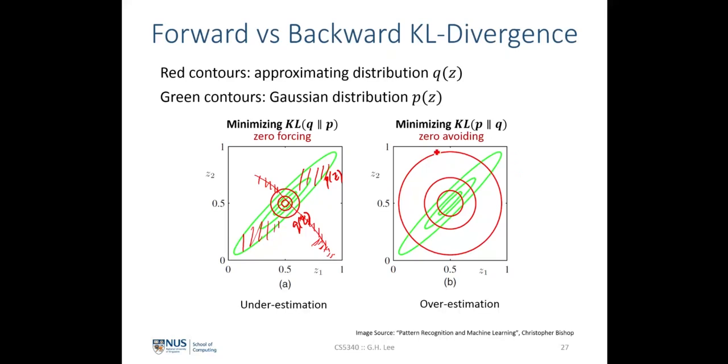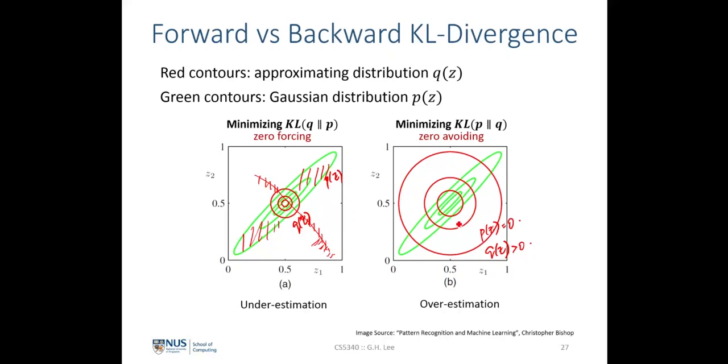But in the case where it's zero avoiding, this means that we are reversing P and Q. Since it's zero avoiding, we want to make sure that Q takes a large value, or Q should be more than 0 when P of Z equals 0.